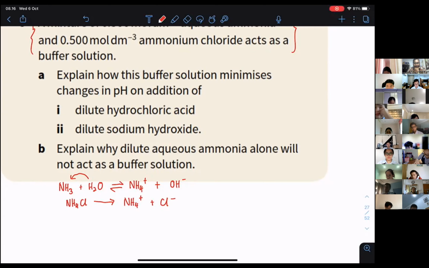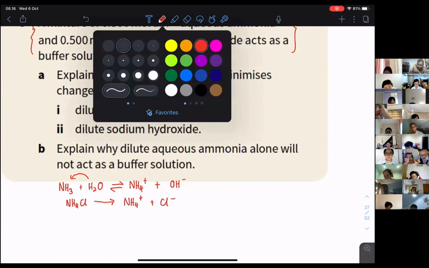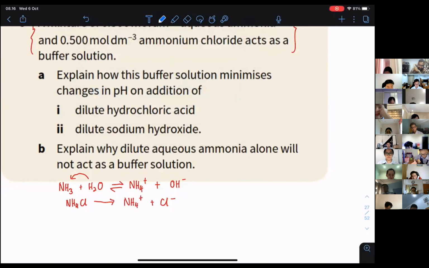Now what we are going to explain is when you have a small addition of HCl. What did I ask you to look at? The first thing, look at the one that has the reversible reaction. This equation, you look at that. When you add HCl, I think it is better to look at it as adding H plus.